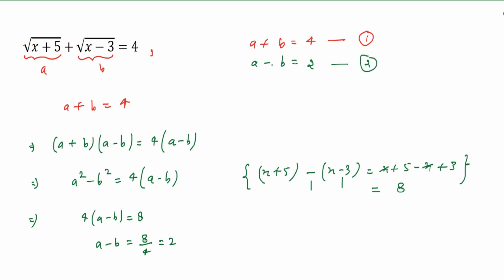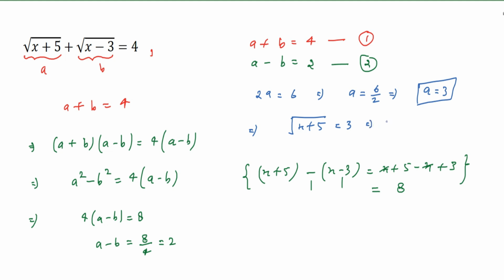Further, if we add both of these equations, we will have 2a = 4 + 2, that will be 6. So a = 6 divided by 2, that is a = 3. If a = 3, that means square root of x + 5 = 3.